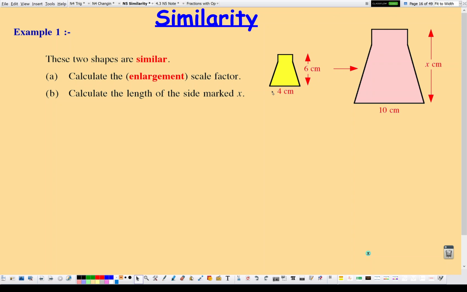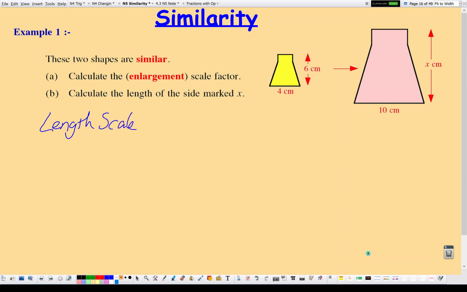So we look at the sides that we're given. We're given this horizontal side and the height in the smaller one, and we're told the horizontal side in the bigger one, but we're trying to find the height of the new shape. So we're trying to find the scale factor, which when dealing with lengths, we call the length scale factor.